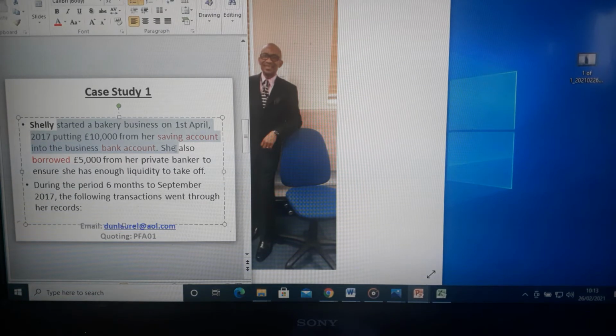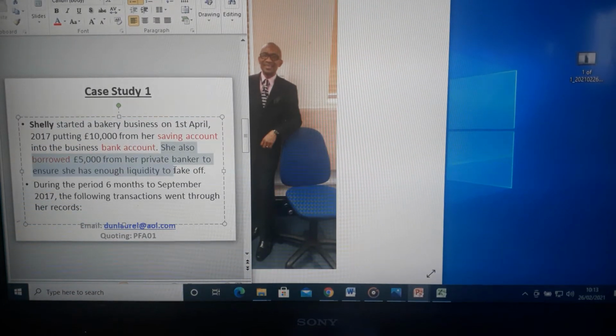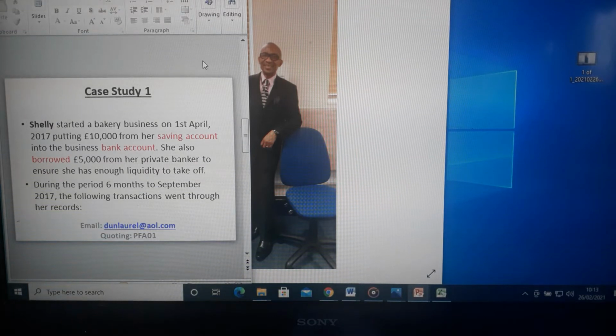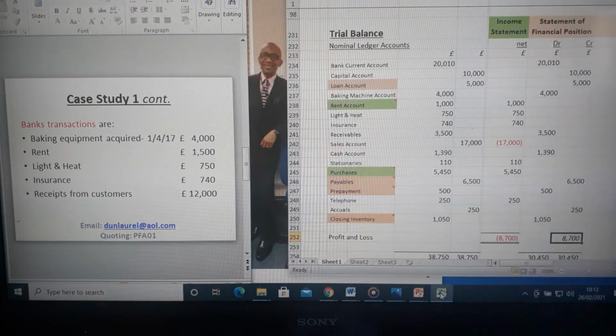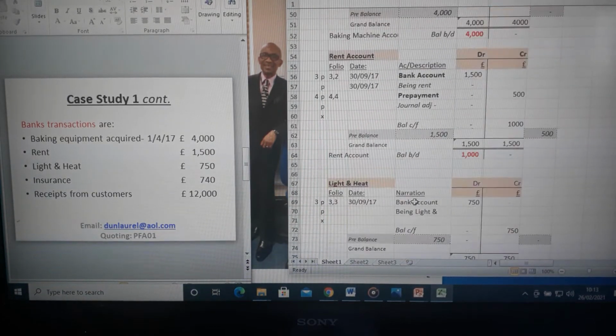Under folio 1, we dealt with the capital introduced by Shelley to the business, and then under folio 2, we dealt with the bank loan she took. And now we need to address the rest of the items. The next one here is the bank transaction, which I will cover under folio 3. So let me pull up the Excel I normally use for this.